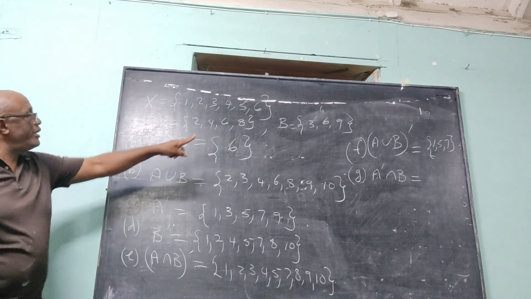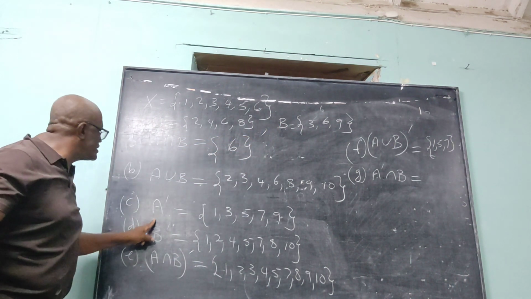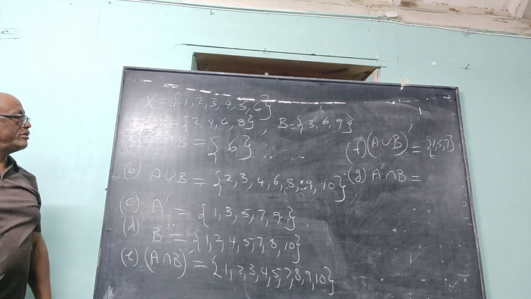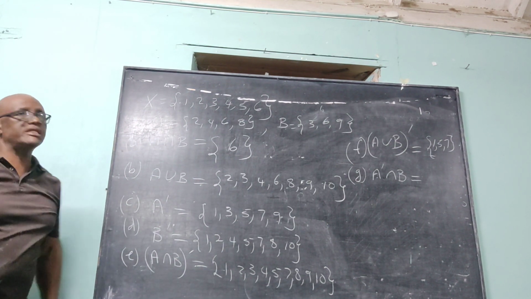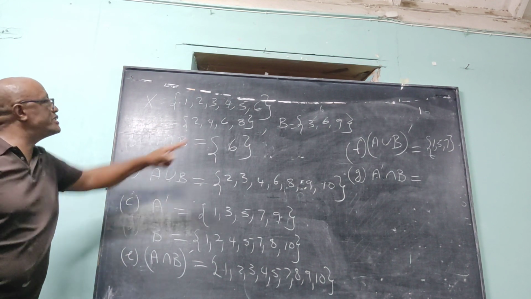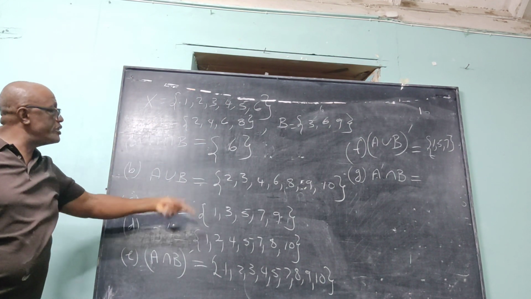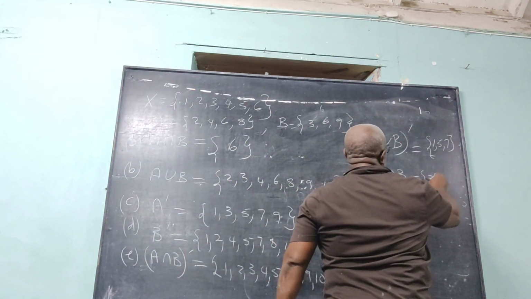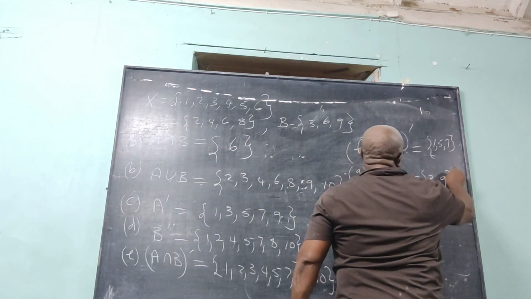And this is B up there. This and this are intersecting. So tell me. No, intersecting means they have the same members. Which ones are the same in those two? 3 and 9. So you say {3, 9}.